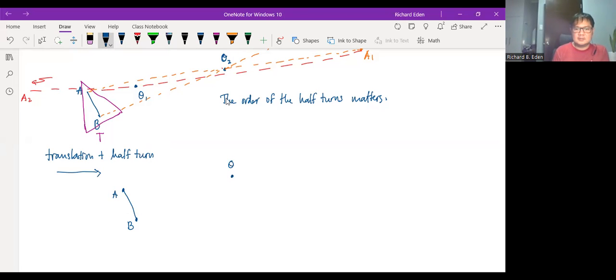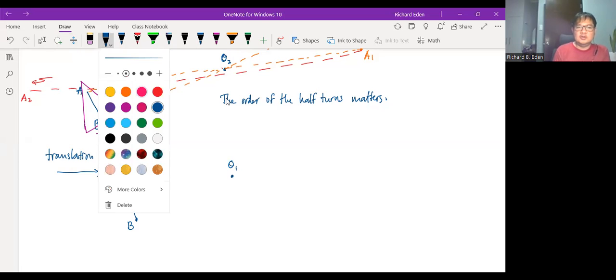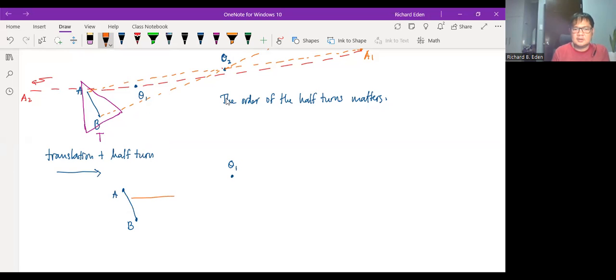O1. Okay, so when we do the translation, we get this is gonna be A prime and then B prime. And then when we do the reflection with respect to O1, so here is where we find A1, and here is where we find B1.